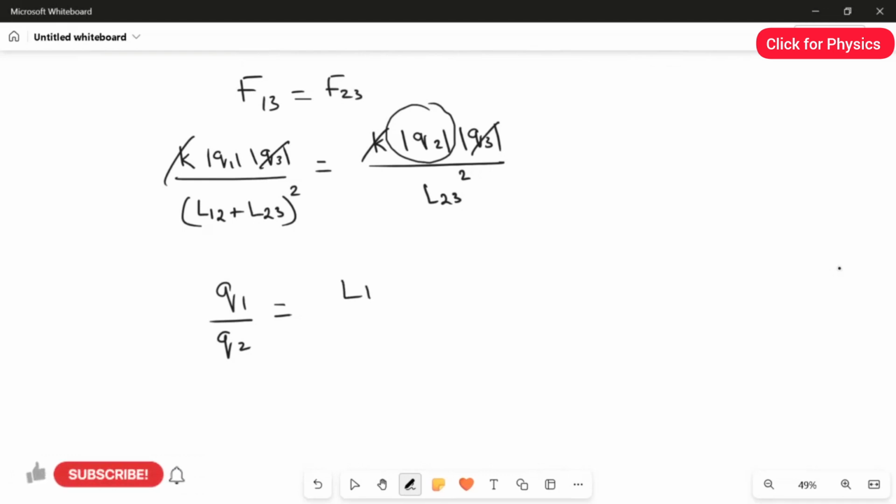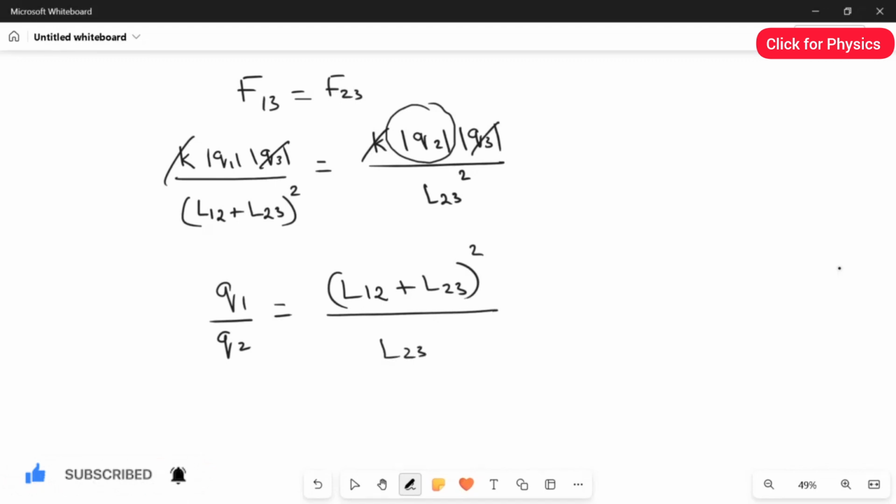So (L12 plus L23) whole squared divided by L23 squared. Clear?